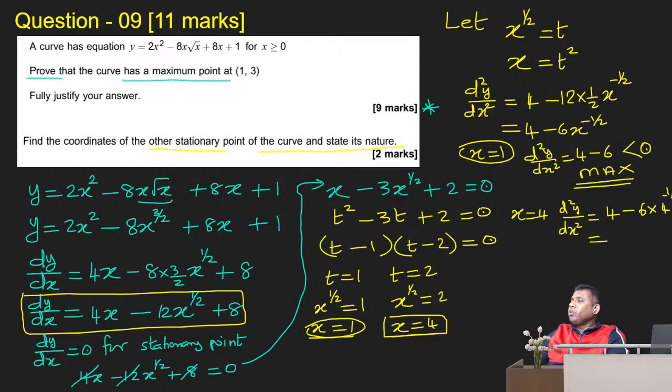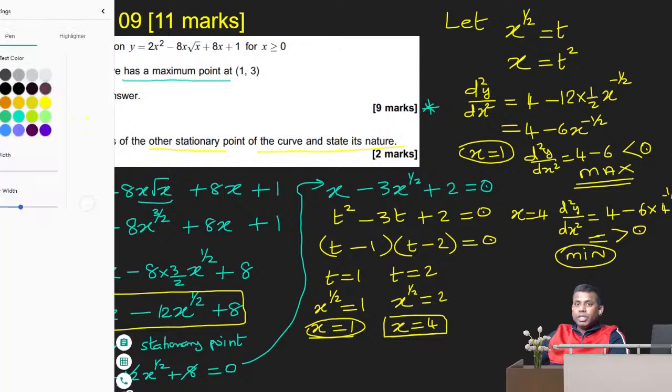If you work that out, you will get a positive answer. A positive answer means that is the minimum point. Now they're asking for the coordinates of the minimum point. So x equals 4, you need to find out what y is.